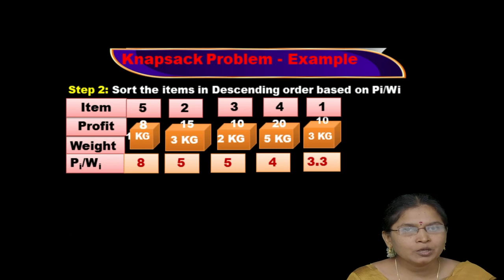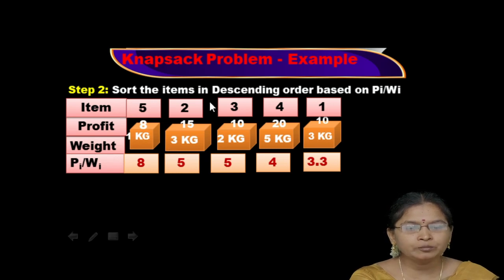Next step, we have to sort the items in descending order based on the profit divided by weight value. So item 5 comes first, item 2 comes second, item 3 comes third, item 4 comes fourth, and item 1 comes last.